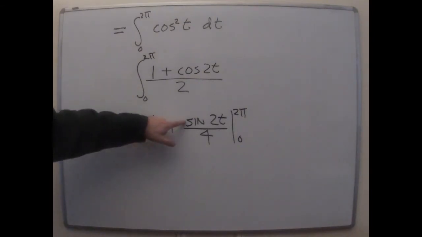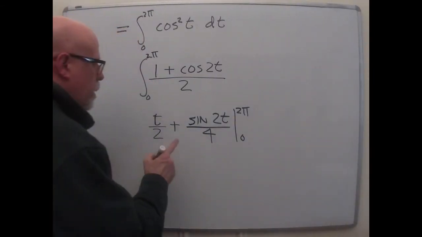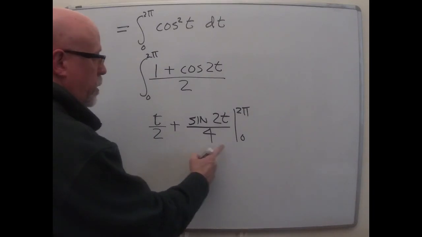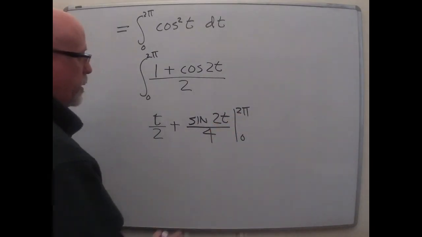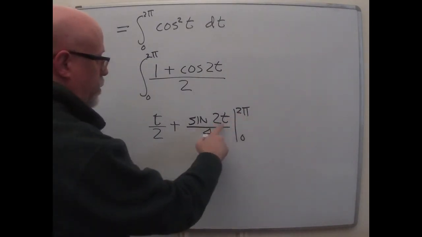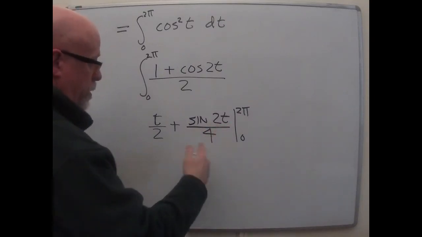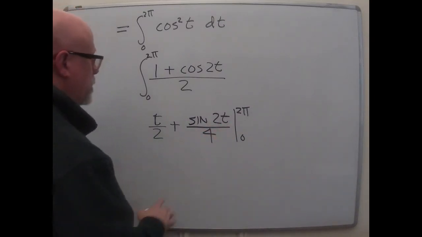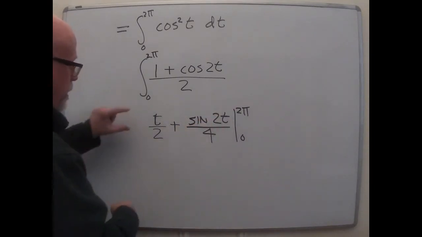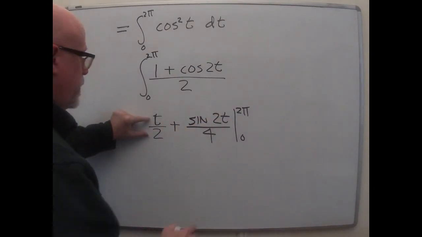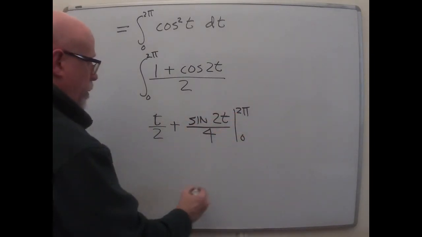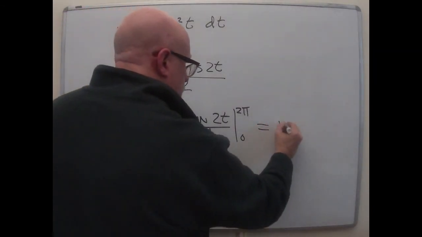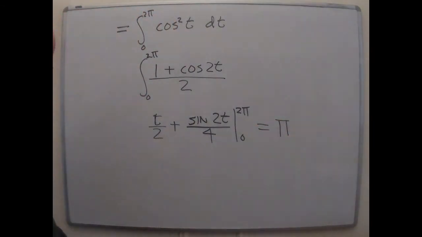Right, and this term involving the sine is going to be 0 at both ends. At the upper limit of 2t, you have sine of 4 pi, which is 0, and the sine of 0 is also 0. So that term just doesn't matter. So we just have t over 2 evaluated between 2 pi and 0. Well, okay, that's pi. So we previously saw that the double integral gave us pi, and the line integral around the perimeter also gives us pi.